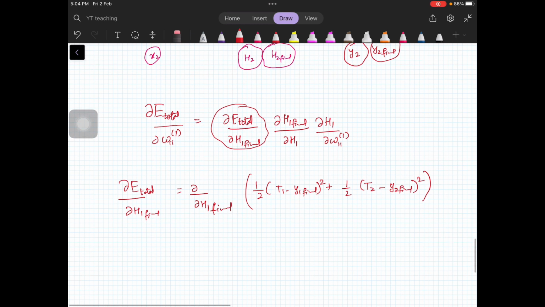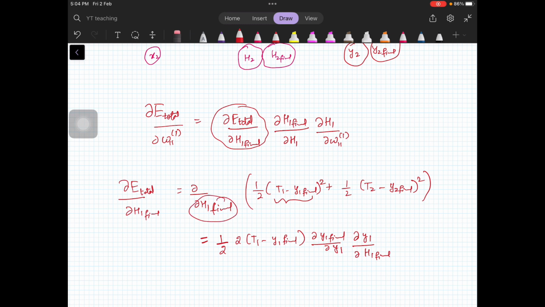So now if we differentiate it with respect to H1 final, what you are going to get is 1 by 2 into 2 times (T1 minus Y1 final) into curly Y1 final divided by curly Y1 into curly Y1 by curly H1 final. Here I have used the chain rule again. I had to differentiate Y1 final with respect to H1 final.